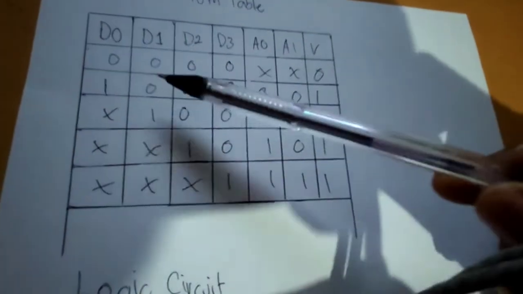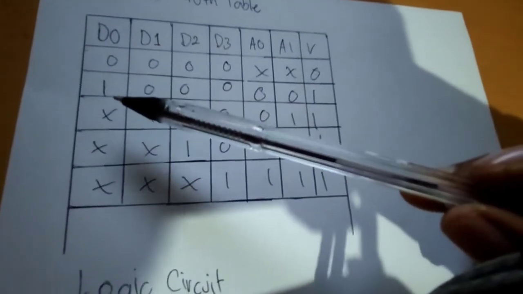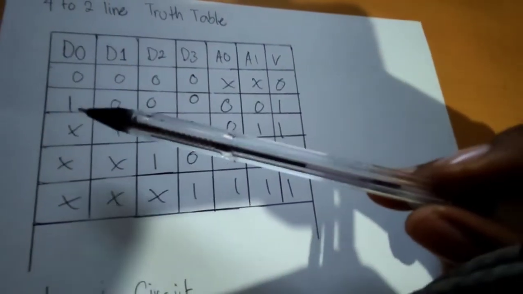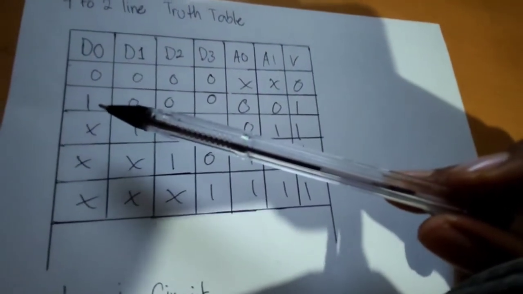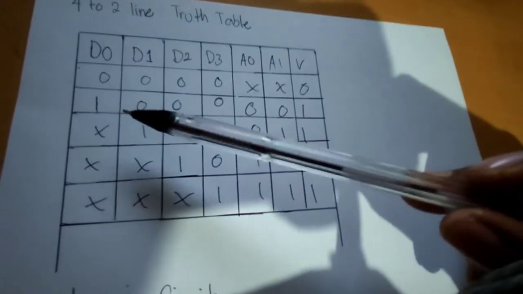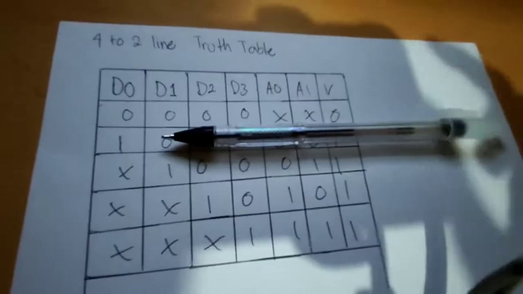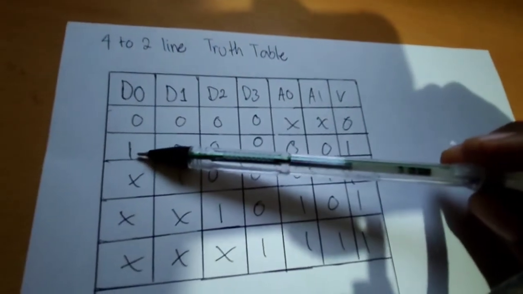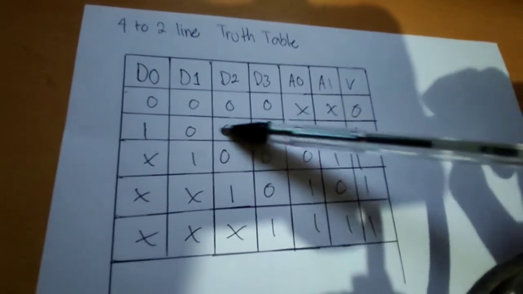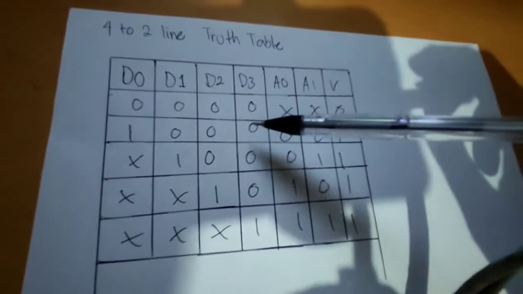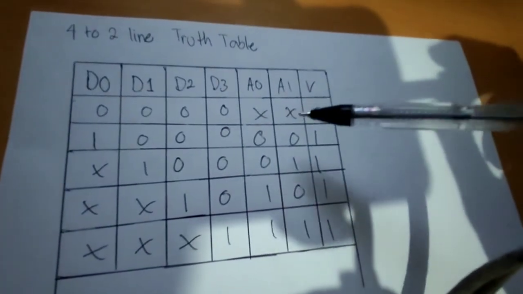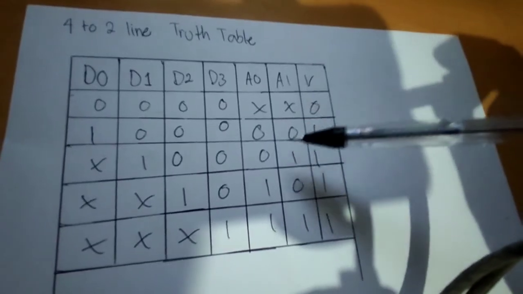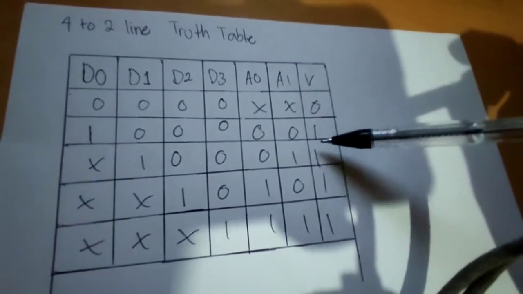And if D0 is 1 and the rest is 0, D0 is the highest priority bit and the rest are low priority bits. Then A0, A1 is 0, then V is 1.